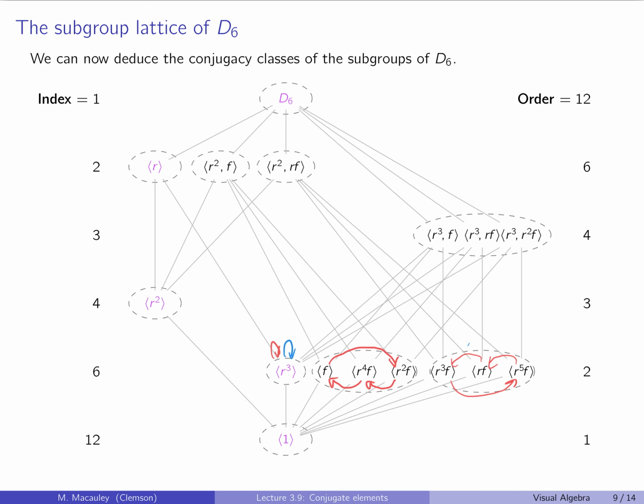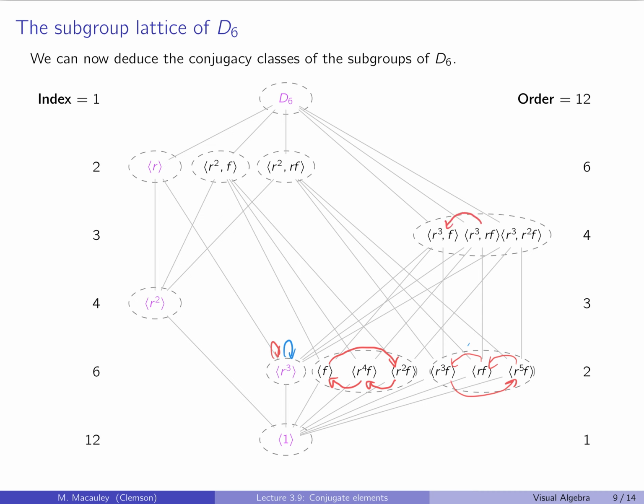Now let's look up here. RF is an element that is in only one subgroup of order 4. This is it. So if I tell you that I can move this element over here via conjugation, then what's the subgroup that's above it? Well, it's got to be the unique subgroup of order 4 that contains RF. I call this the single parent property.